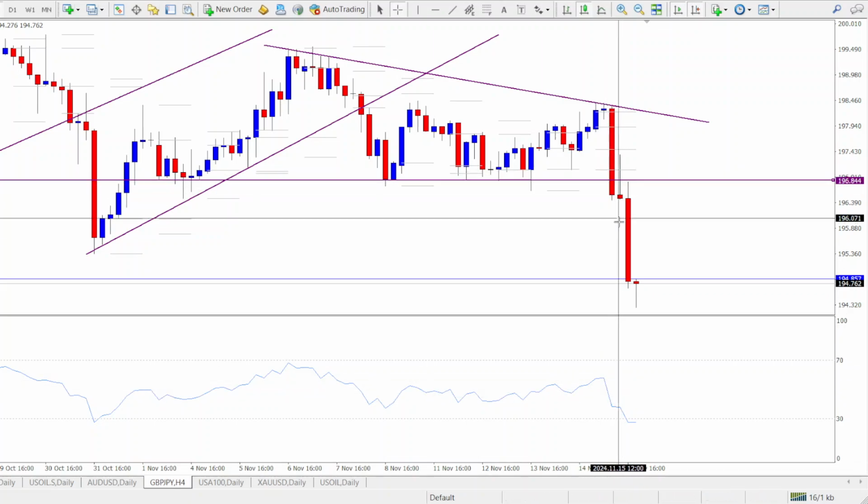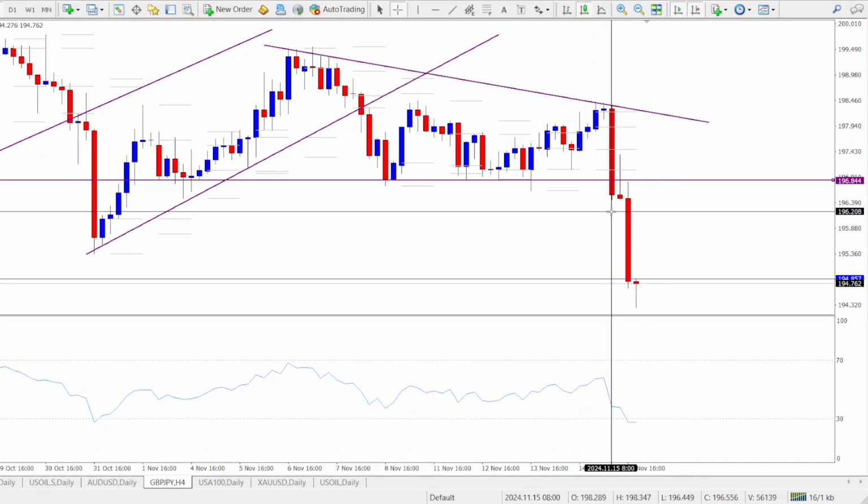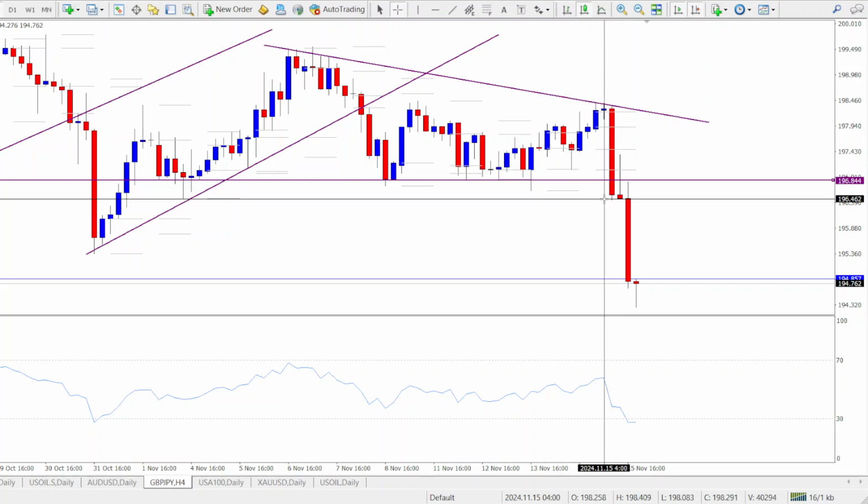The RSI showed that there was still strong sell momentum. Because of that, remember that the RSI is a momentum indicator, all right? So because of that, we could have considered entering another sell position if we had enough margin for it. And not just margin, but our capital was large enough for it. Remember that when you are trading, please manage your risk properly. So do not over leverage.